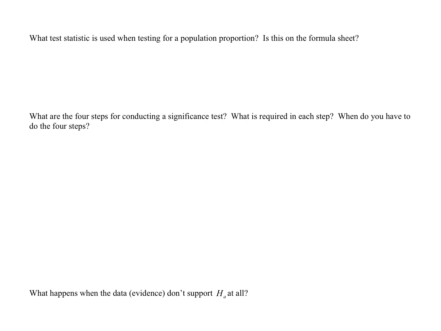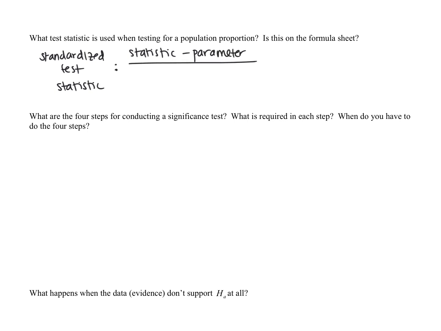Okay, the formula that is on the formula sheet is in words. So we're going to write it down in words and then figure out what the symbols are. It says the standardized test statistic is the statistic, subtract the parameter, all over standard error of the statistic.